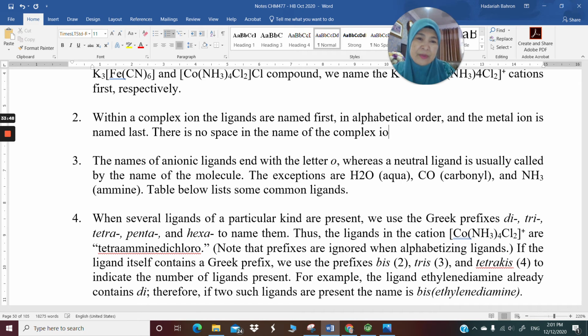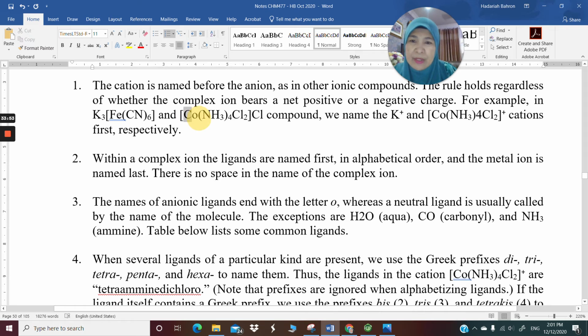So if you have, for example, this complex ion here, it has 1 cobalt, 4 ammonia, 2 chloride. You would name the ligands first. If you have 2 ligands like this, amine and chloride, A comes before C. So it's amine first, and then chloro, and then cobalt. We will go through this later. After you finish with the cation, then you say chloride.